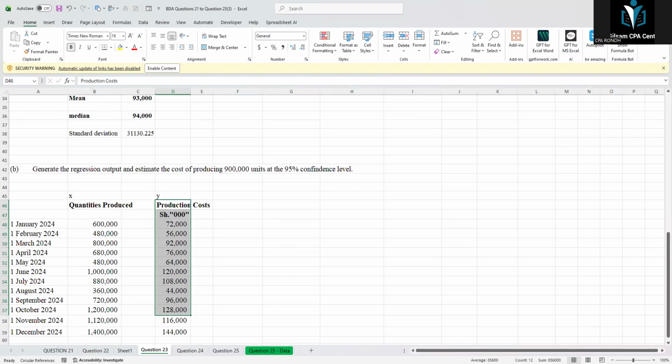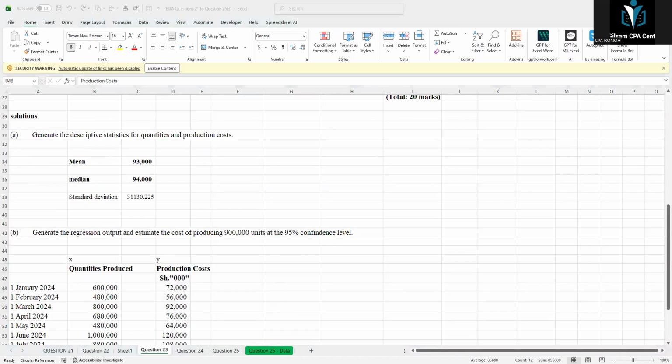That is how to estimate the cost of the product using the high-low and regression method.